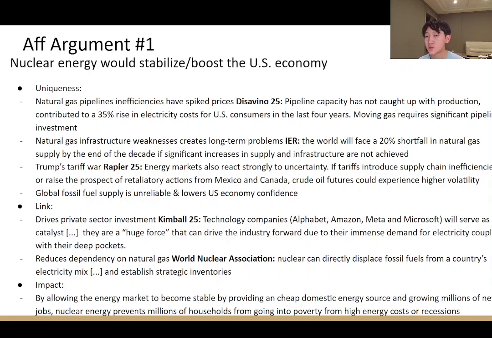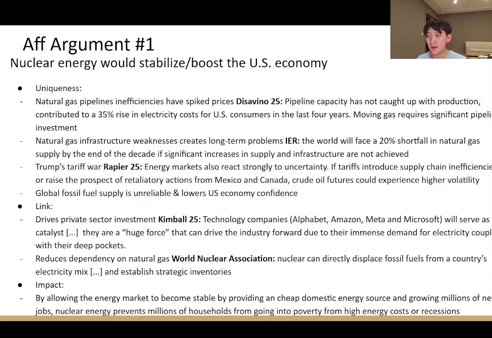And that's really bad, specifically Canada, right? Canada supplies a lot of the natural gas to the US. And when the US puts tariffs on them, there is a fear that they might send tariffs in retaliation, right? So again, all centered around the idea that the natural gas industry is extremely unstable, unfeasible, and it's not worth it in the long term.